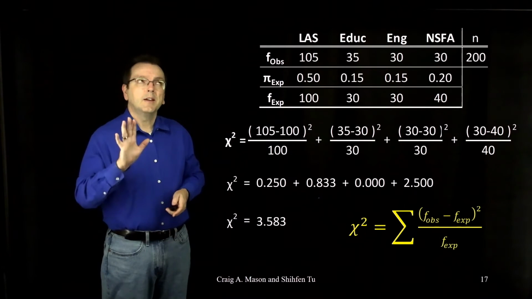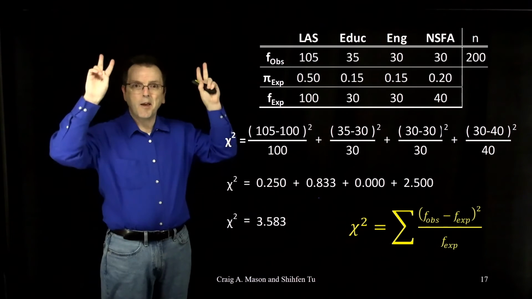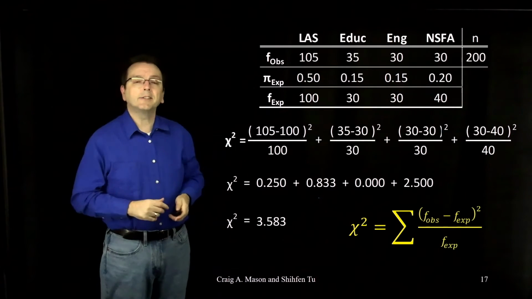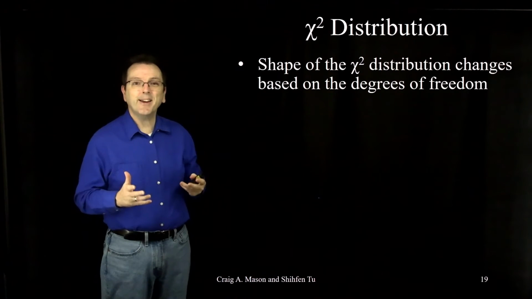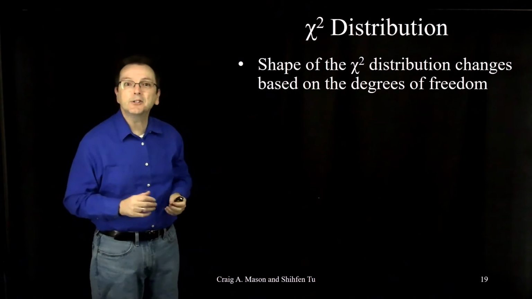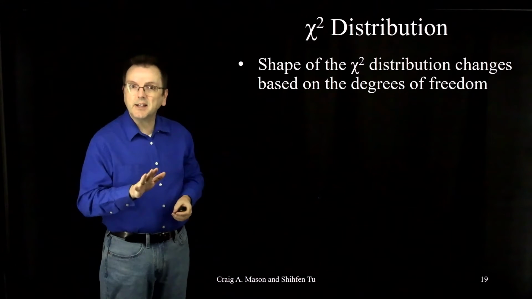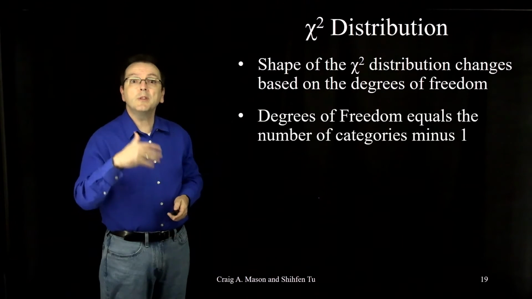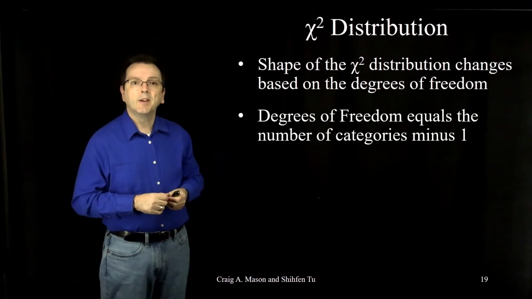Now, to make that determination of whether our observed chi-square is big enough to reject the null, we need to look at the chi-square distribution. By this point, it's probably no surprise that the shape of the chi-square distribution changes based on the degrees of freedom. In this case, the degrees of freedom for the chi-square goodness of fit test is equal to the number of groups, or categories, minus 1.